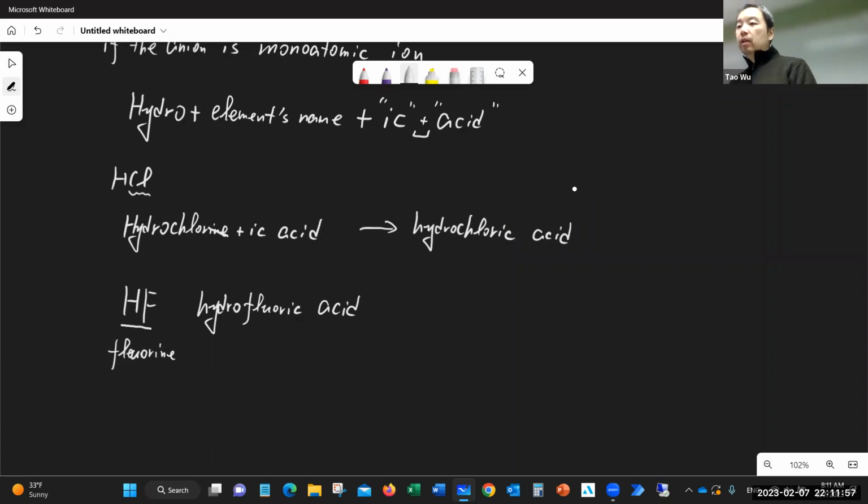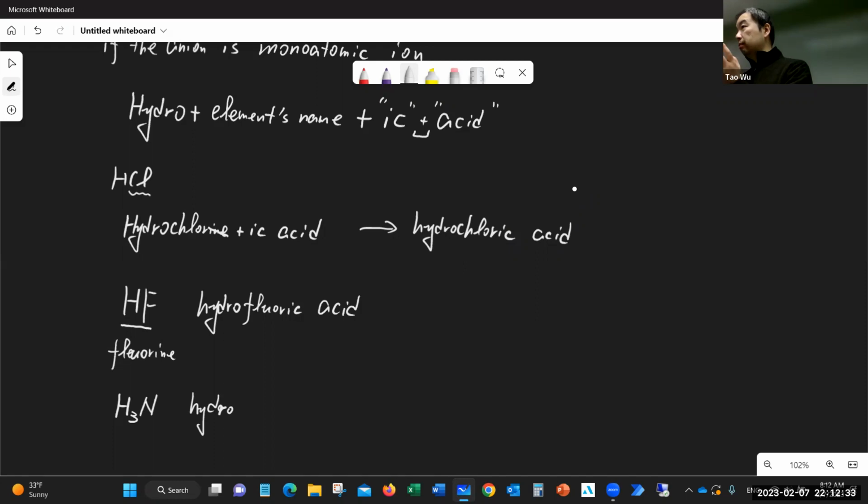Hydrofluoric acid. All right, so then how about this? H3N. What is this called? Based on the rule, what do you think? You put a hydro in front because this is a monoatomic ion. Then you add the element's name, nitrogen, get rid of the ending, and put ic and acid.